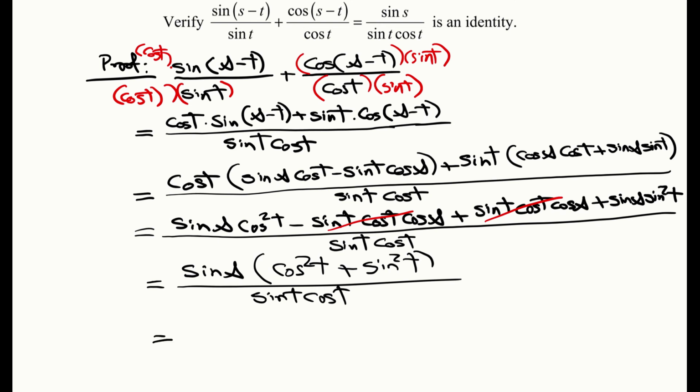And of course, if we don't recognize anything else in trigonometry, we should recognize this object because of our Pythagorean identity. We know that's 1. So basically, we end up with sine s over sine t cosine t. And that's precisely where we want it to be.